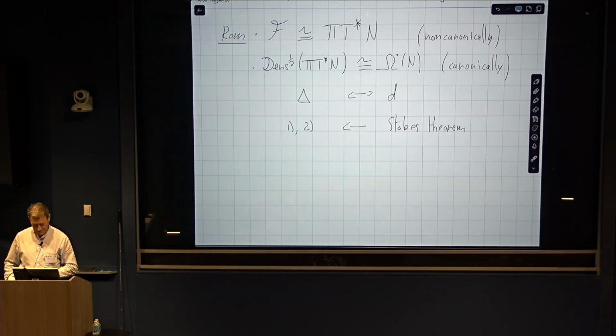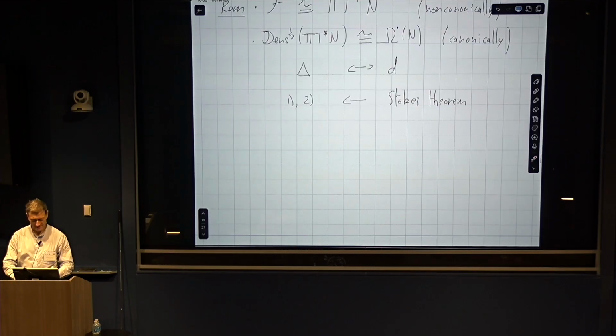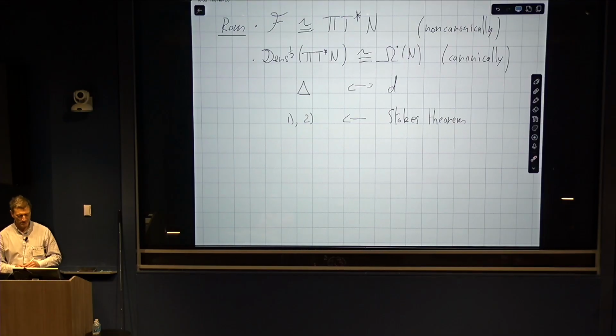The second observation is that here on this side you have Stokes' theorem, which looks somehow similar to this. The integral of an exact form on a closed cycle is 0, and if you deform a closed cycle, the integral of a closed form doesn't change.